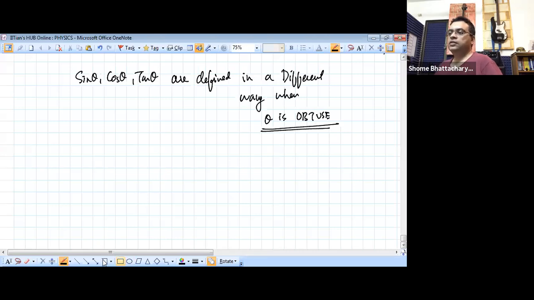So they are defined in this kind of manner that, suppose we have a coordinate frame. Yeah, that will be there in your notes better. Don't worry. Pay attention on this part. This is the important thing. How will we define sin theta and cos theta when theta is obtuse?